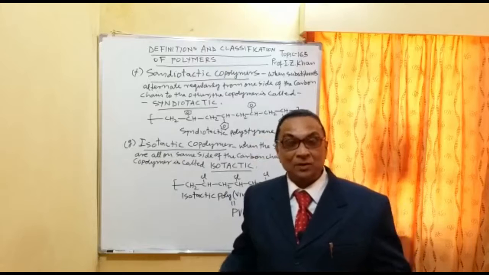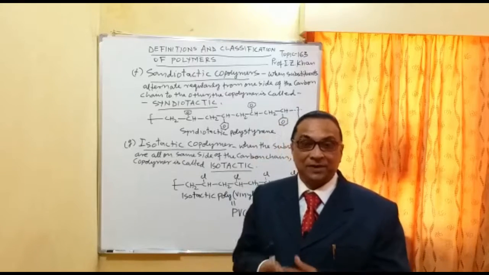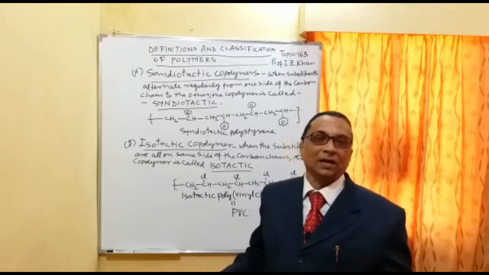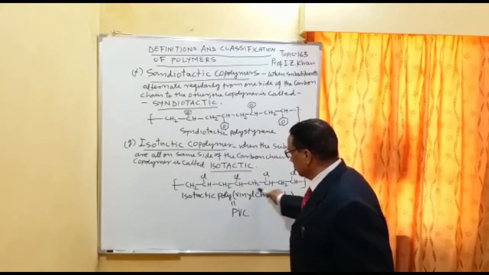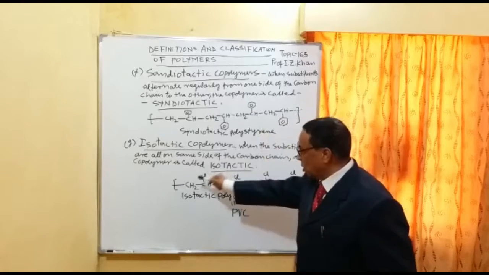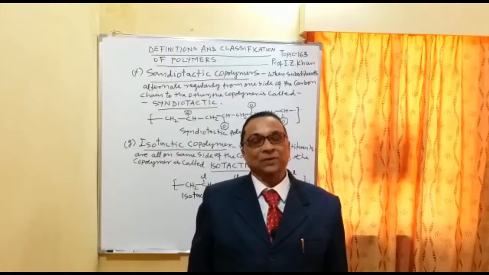Here PVC everybody knows. They are PVC pipes, plastic pipes, of different sizes. A lot of household items we call PVC. It is nothing but polyvinyl chloride. This is your vinyl group, and the chlorine group is attached to the long chain of carbon on the same side. It is called PVC, that is polyvinyl chloride.